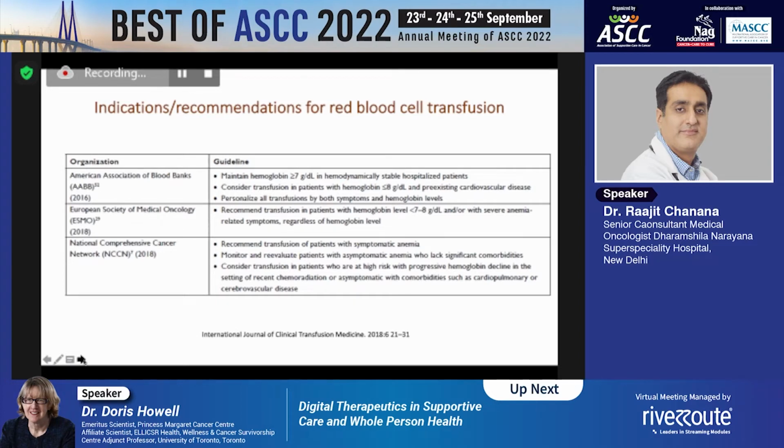The ESMO recommends transfusion in patients with HB level less than 7 to 8 with or without severe anemia-related symptoms. And the NCCN recommends transfusion for patients with symptomatic anemia and monitoring patients with asymptomatic anemia who lack significant comorbidities, and to consider transfusion in patients who are at high risk with progressive hemoglobin decline in the setting of recent chemoradiation.